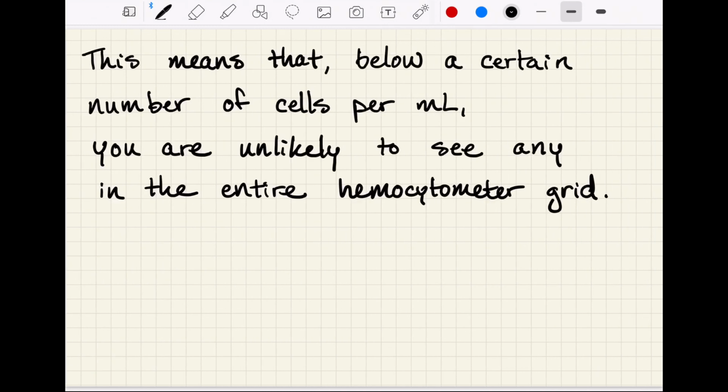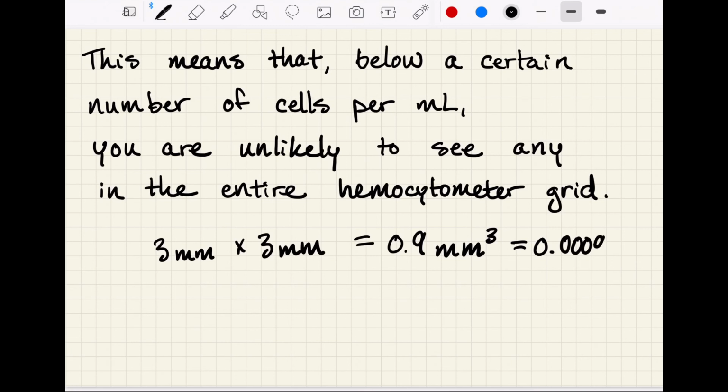This means that if you're below a certain number of cells per mil, you are unlikely to actually see any in the hemocytometer, even if you look at the entire grid zoomed all the way out. The largest outside square of the grid is 3 millimeters by 3 millimeters, which means the volume is 0.9 cubic millimeters, or 0.0009 milliliters.